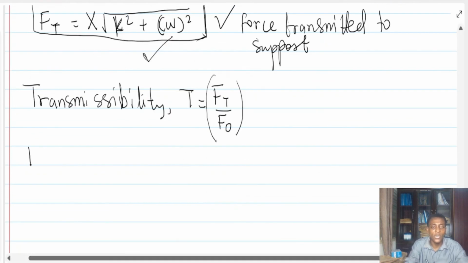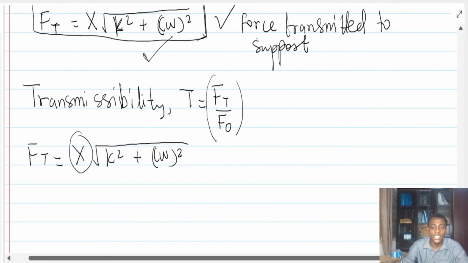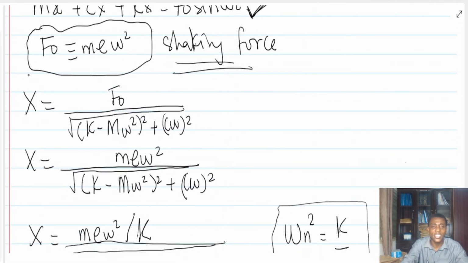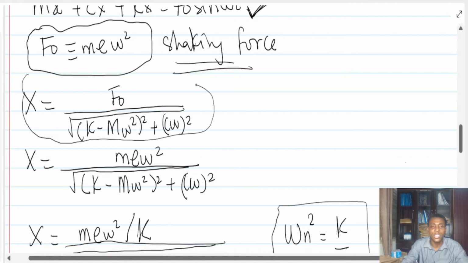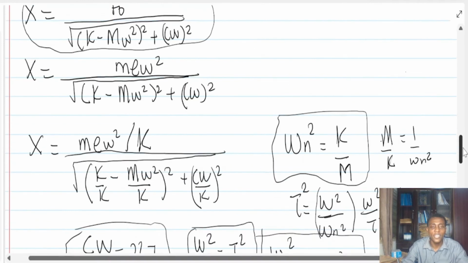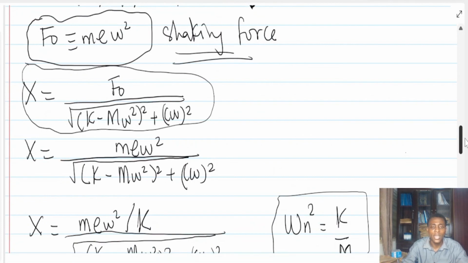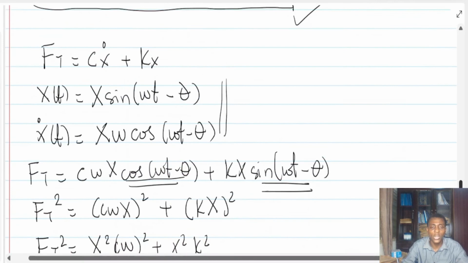Watch the Ft equation clearly. You can see that Ft is x times the square root of k squared plus c omega squared. But what is x? It is interesting to note that the x over there is actually this x from first principles. So that is my x: F naught over the square root of (k minus m omega squared) squared plus (c omega) squared.